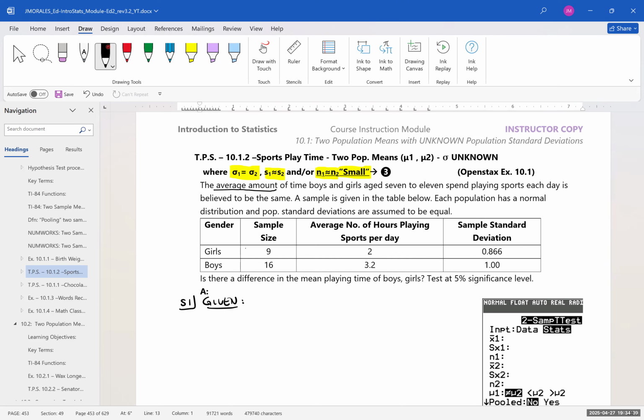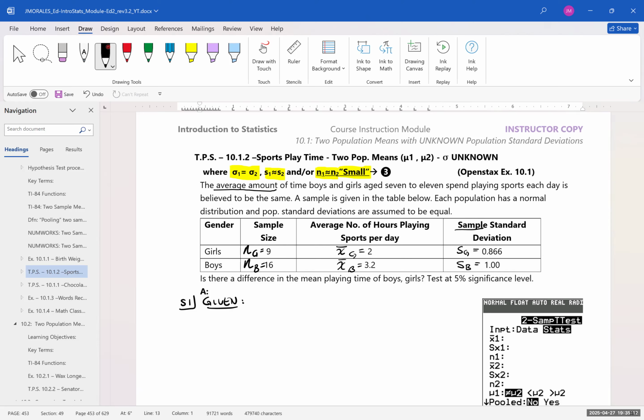So we're going to have the sample size for girls equal to 9, and the sample size of boys is 16. The average number of hours playing sports each day will be X bar G, and then we've got X bar B.